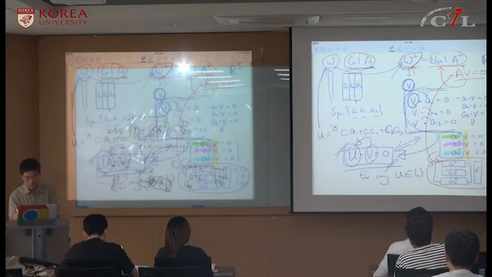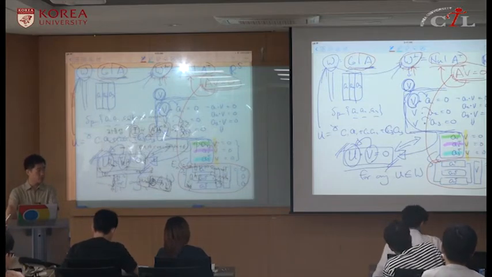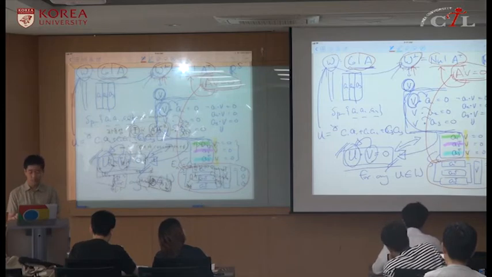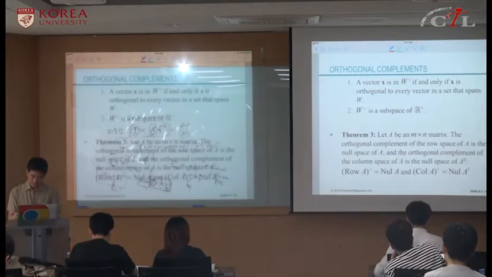How do we find them? We solve A transpose V equals 0 by row reduction and find the parametric vector form. That's how we obtain the basis vectors for this orthogonal complement. Okay, so that was about this.